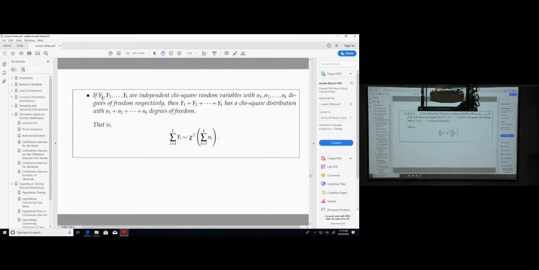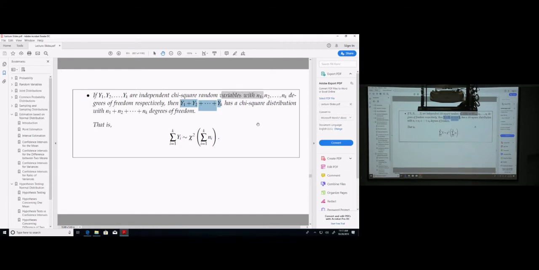If y1 is a chi-square distributed random variable, y2 is another one, y1 has degree of freedom n1, y2 has degree of freedom n2, and so on. An important assumption is they are independent. If they are not independent, then the statement won't hold. Now we are interested in the sum of all the y.